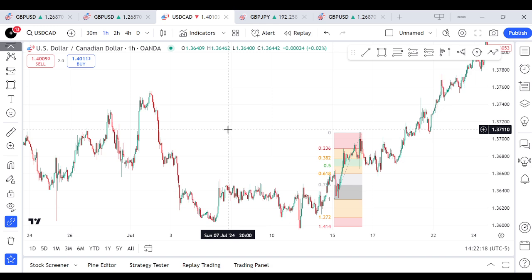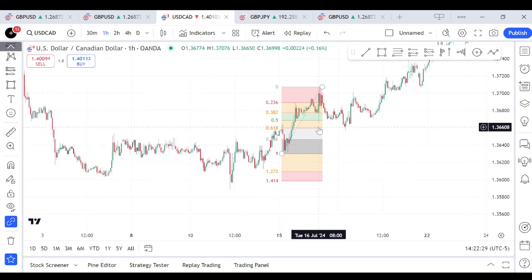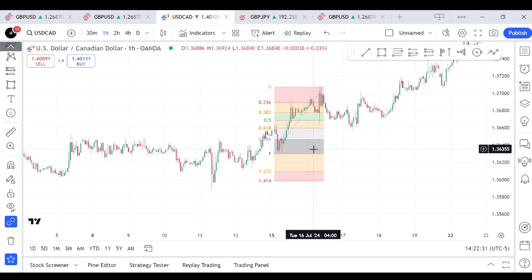Traders use these levels to find areas where price may reverse after a pullback in a trend. Key Fibonacci levels include the 23.6%, the 38.2%. As you can see, this is the Fibonacci tool, and the 50%, the 61.8%, and the 100%.